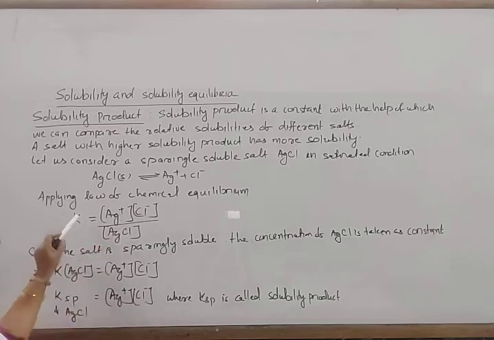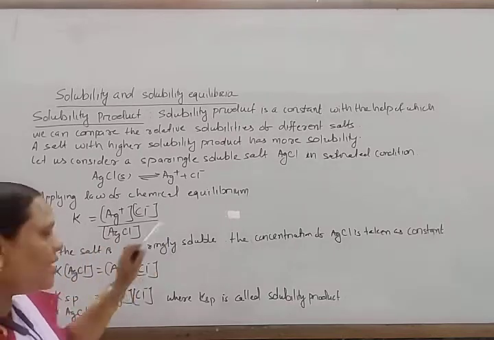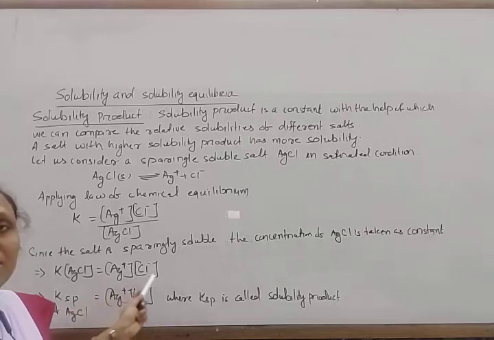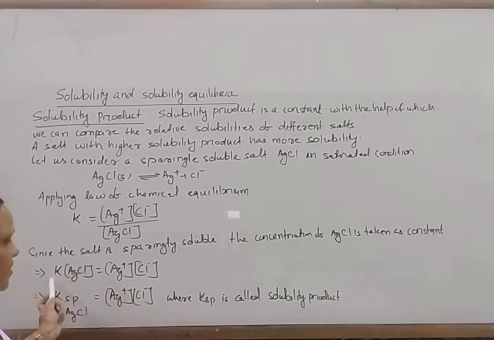So the constants go on one side and the variable part on the other: K[AgCl] = [Ag+][Cl-]. This gives rise to another constant known as Ksp, the solubility product, equal to the molar concentrations of Ag+ and Cl-. Ksp of AgCl = [Ag+][Cl-], where Ksp is called the solubility product.